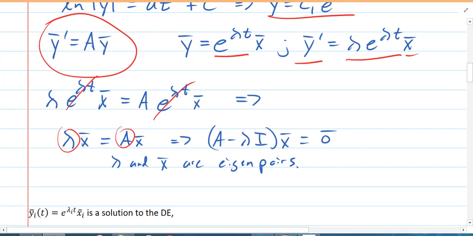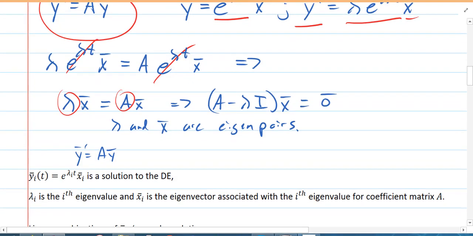So in general, if you have y bar prime equals A y bar, then one of those solutions, y bar sub i of t, is e to the lambda sub i t times x bar sub i, where lambda sub i is an eigenvalue and x bar sub i is an eigenvector associated with the eigenvalue.